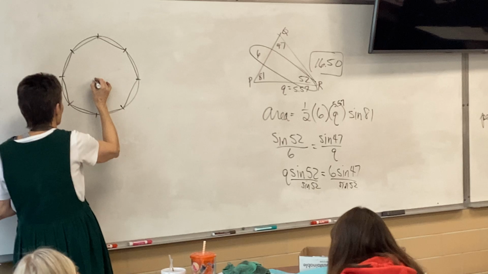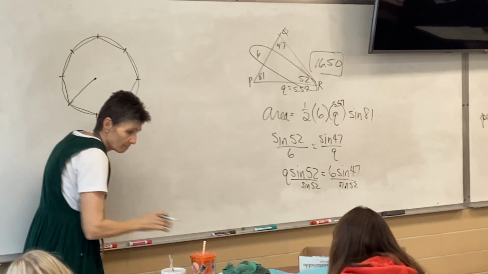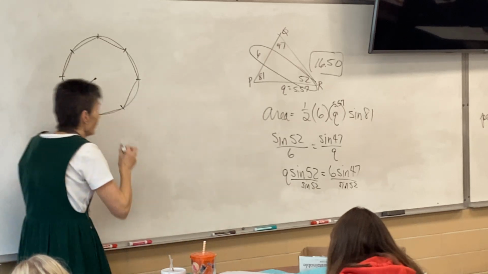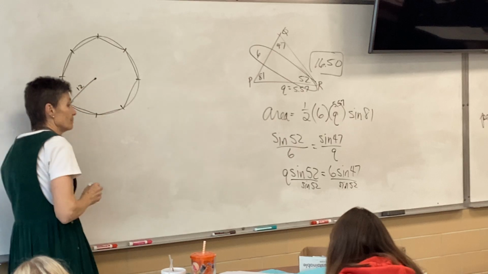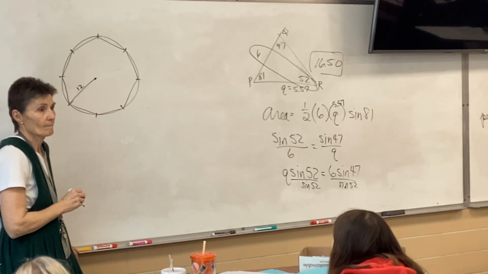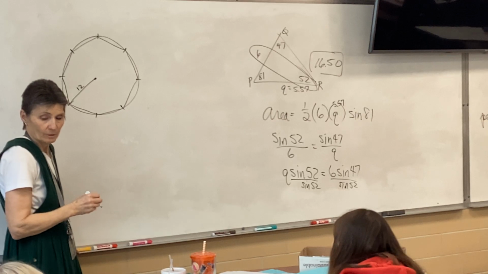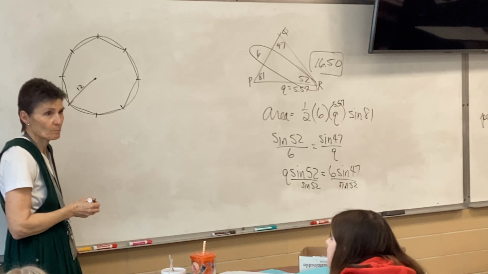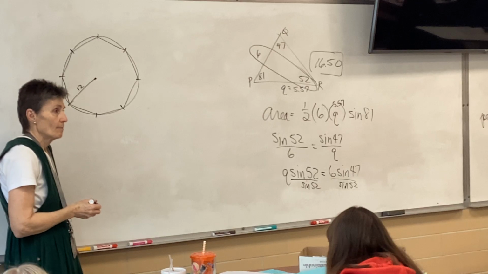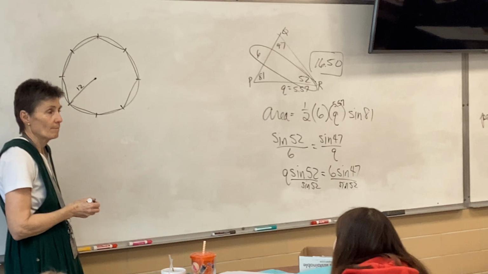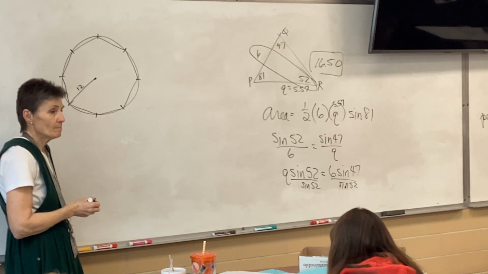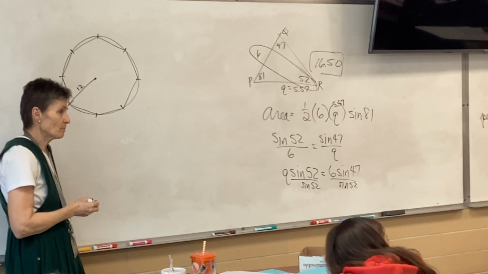There's my octagon, and my radius is 12. Good luck. Just draw a circle, put 8 hash marks on it, connect them. Okay?